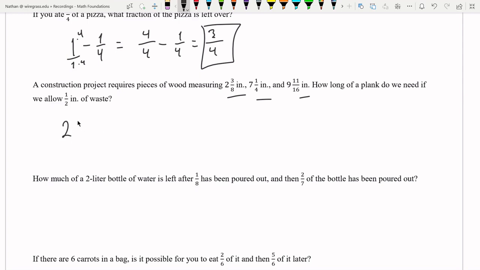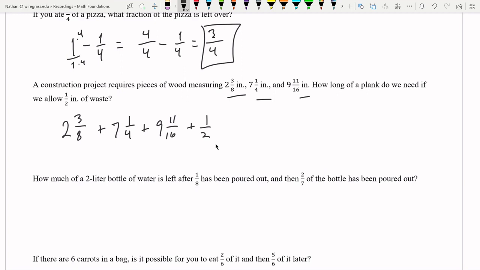So all we really need to do is just add up these amounts. We have 2 3/8 inch plus 7 1/4 inch plus 9 11/16 of an inch plus the 1/2 inch of waste for when you're actually cutting the wood pieces, right? You're going to have that saw width or the blade width is going to all be waste.